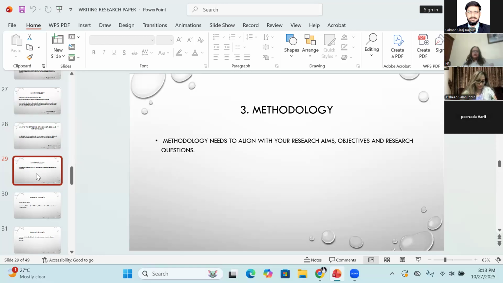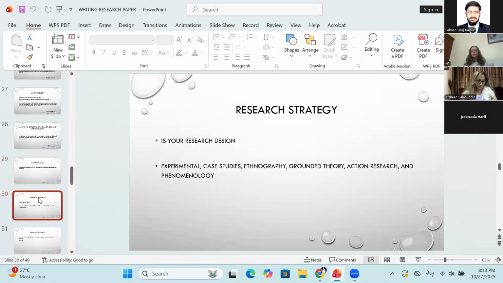Methodology needs to align with your research aims, objectives, and research questions. I would stress it one more time because this is actually the soul of your research paper writing. Any good objectives, any good research questions, they would really shape and build your research paper.